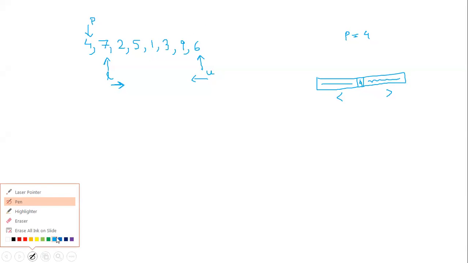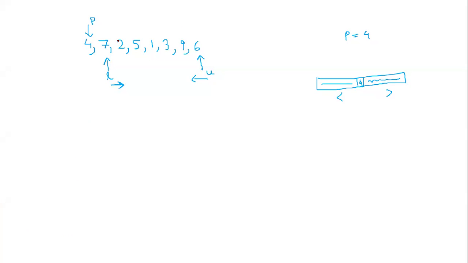So that's why, let's see what we will do. Initially I found that A of L is equal to 7. And you see 7 is greater than 4.